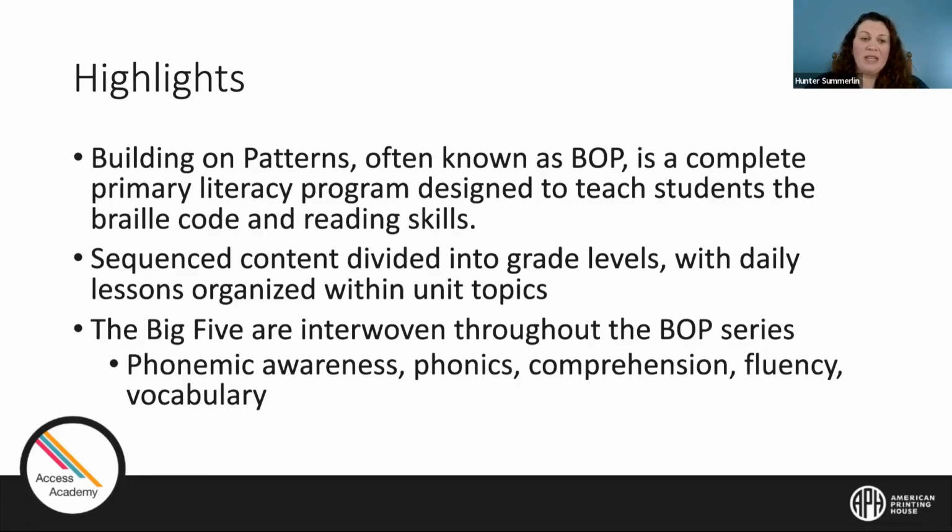If we think about the big five, these are areas that science has told us are especially important for the development of literacy skills and the betterment of our Braille readers. The big five are interwoven throughout the BOP series, and those include phonemic awareness, phonics, reading comprehension, fluency, and vocabulary.